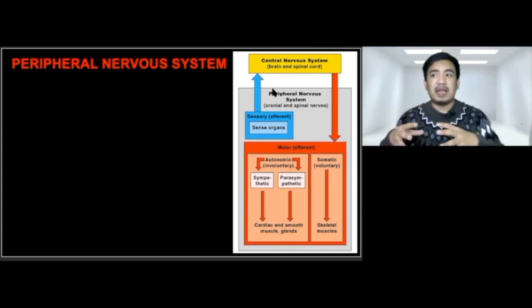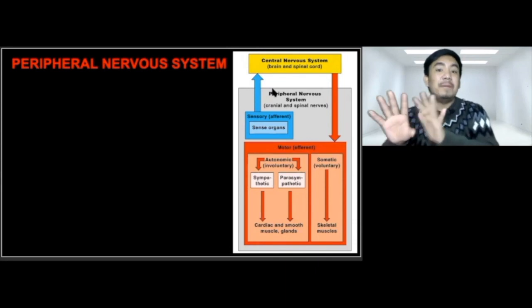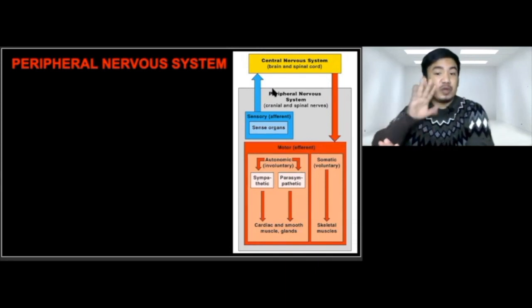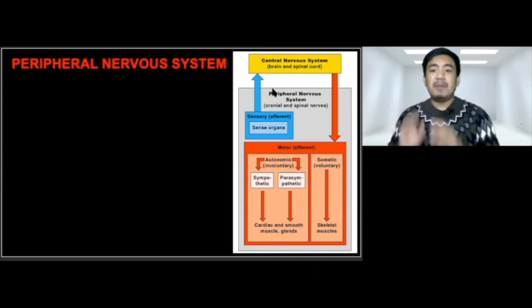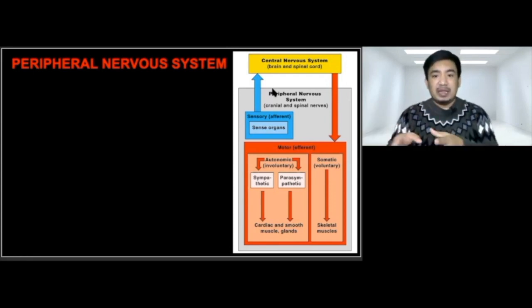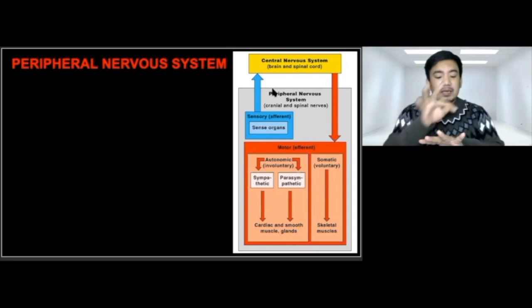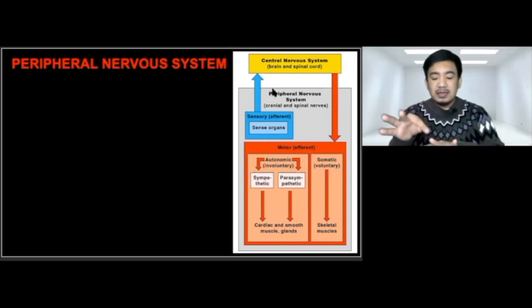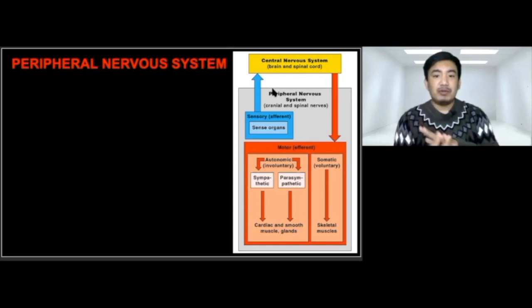Because we said that it will transmit signals to the muscles. The efferent transmits signals to the muscles. But what muscles will you govern? If you will be governing cardiac muscle and smooth muscles, you are under the autonomic nervous system because you are involuntary.